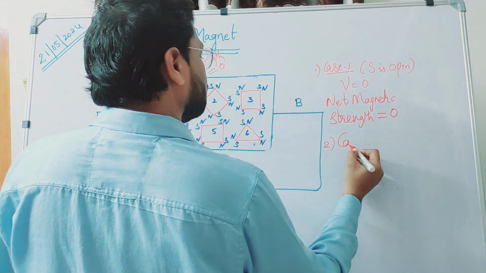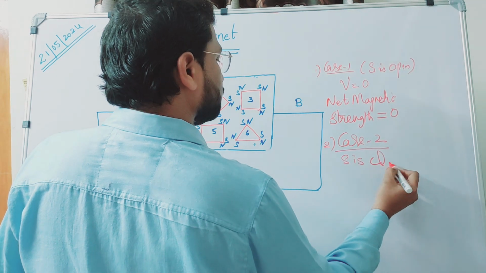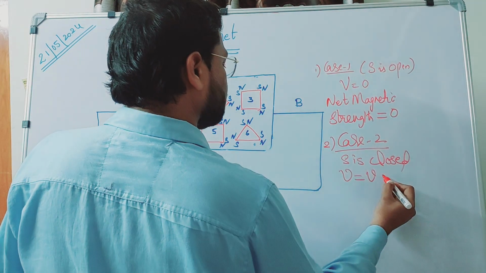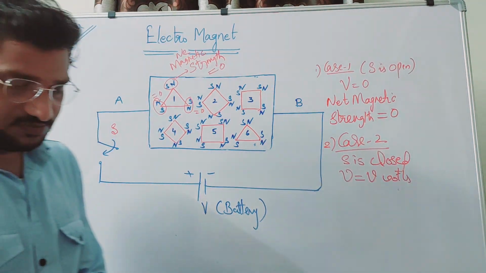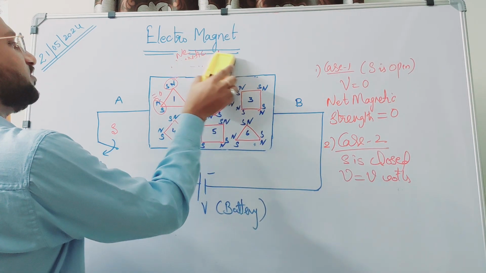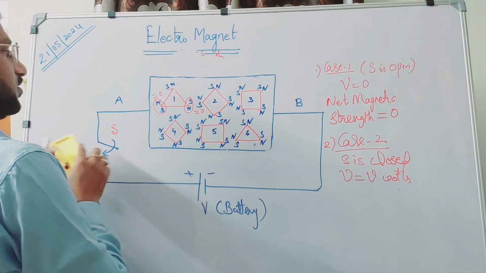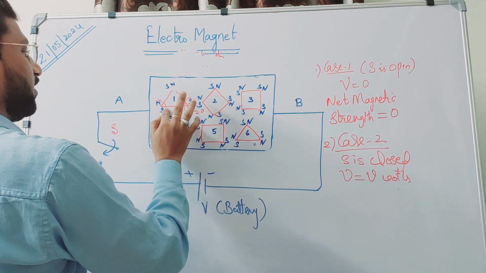Now in case 2, S is closed, so V is V volts. So I connected some voltage. Now the things will change. We'll see what is going to happen here.